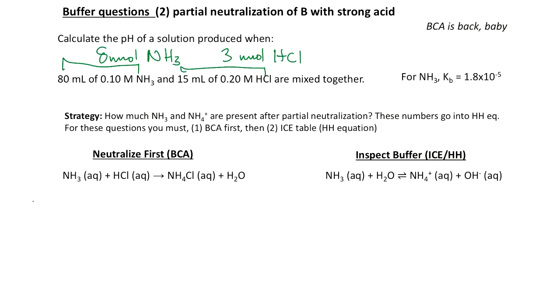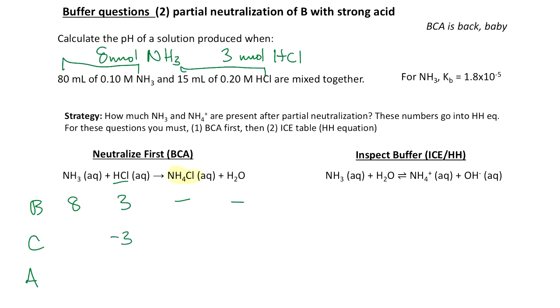So here is the BCA table, but this time between the weak base ammonia and HCl, so the reaction's a little bit different. But what you see here is that adding HCl makes the conjugate acid that we need for the Henderson-Hasselbalch equation. So we just need to put the appropriate numbers in, right? Limiting reactant is HCl.